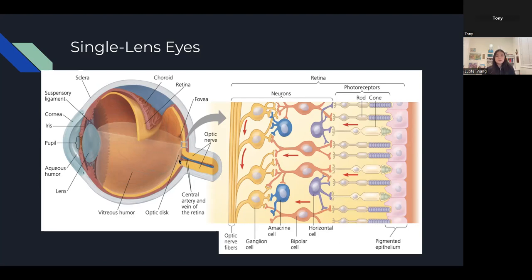So this is also why you can't really see color at night, because your cones are less sensitive to low light conditions. And when the light strikes the rods and cones, the signal will pass to bipolar cells, which will then pass to ganglion cells, which then pass the signal to the optic nerve, and then that moves to the brain.